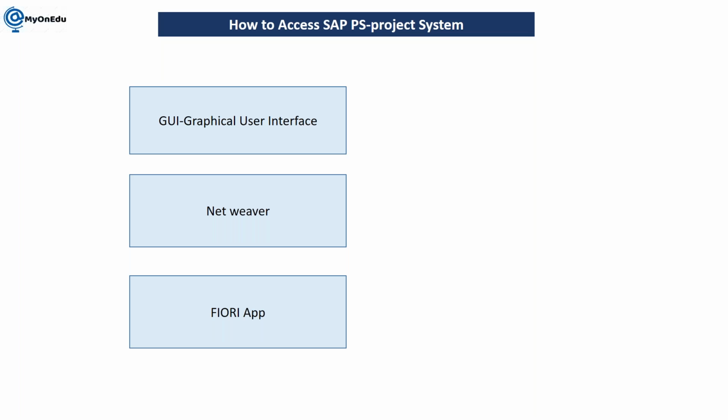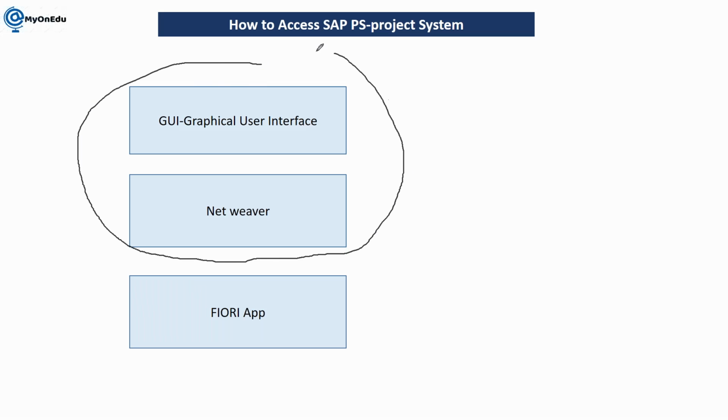And third is the Fiori app. This is the latest concept. It was available earlier, but in S4, SAP has given lots of additional apps to give a better user experience. Till NetWeaver, SAP was focusing on keeping it as a user interface.